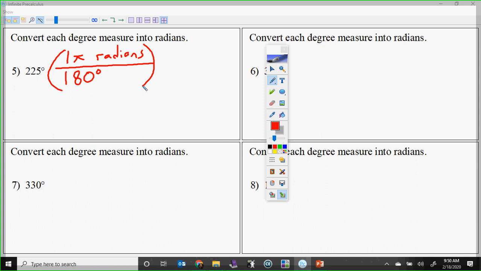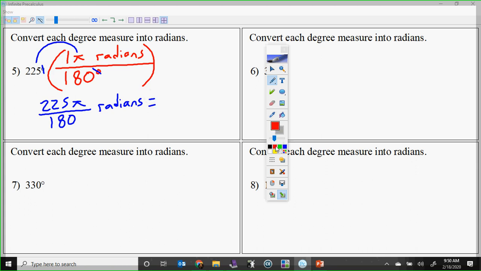Okay? So they're the same, so this is the conversion factor we're going to use. And I'm going to multiply. When I multiply, my degrees cancel out. I get 1 pi times 225, which is just 225 pi over 180, and I still have my answer in radians. Alright, so that's my answer, but that's not very simplified.